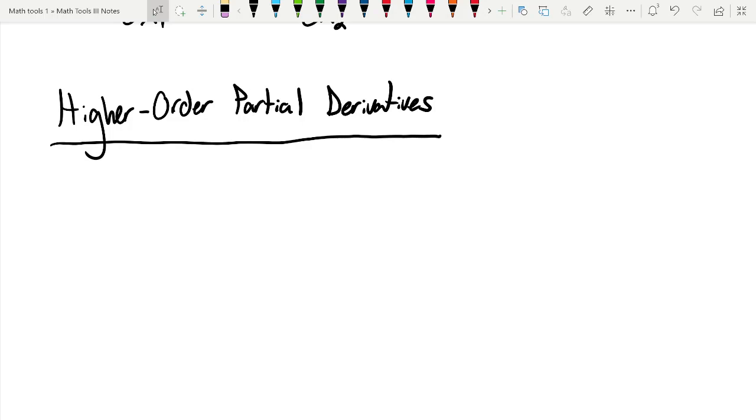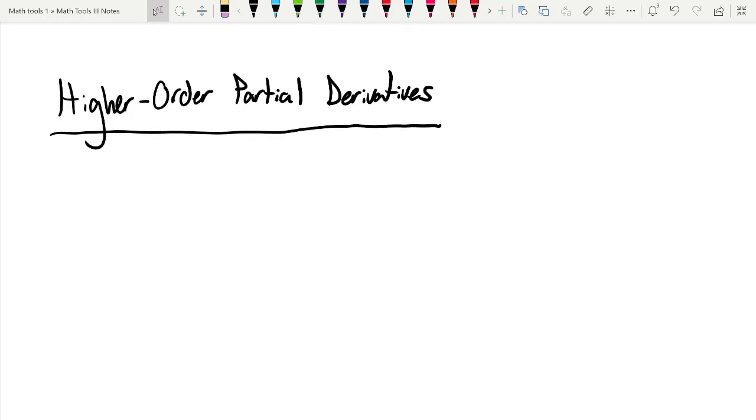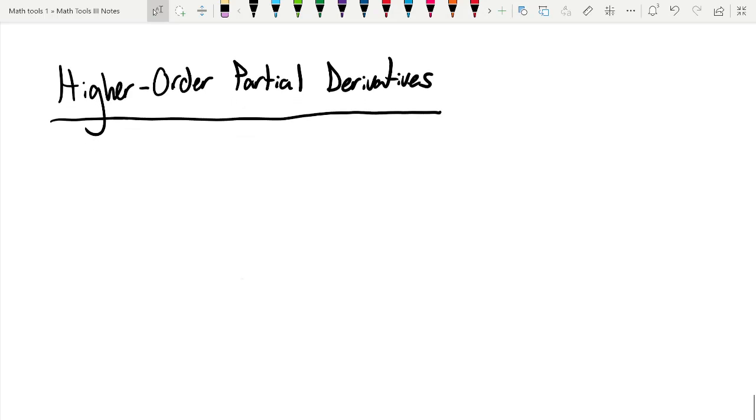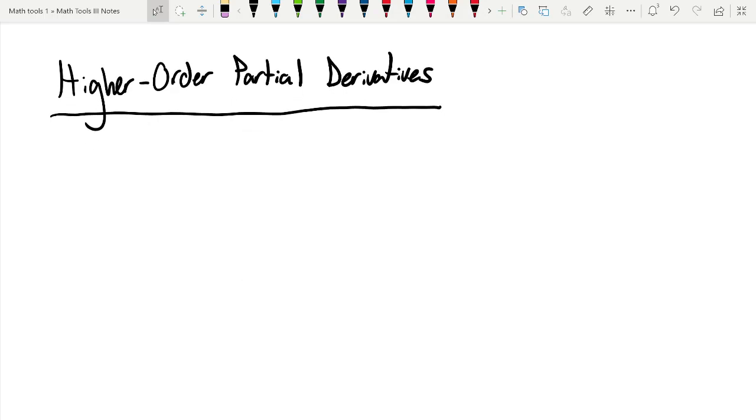We saw that the second derivative corresponds to acceleration in regards to a position function, whereas the first derivative is velocity, right? So we saw various uses for it. So same idea with the second order partial derivatives, or just the second partial derivatives. They will also have various uses here.